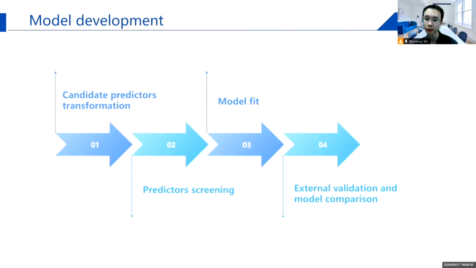Model development involved the following steps. The first is candidate predictor transformation. Second is predictor screening. The third is model fitting. And the last step is the external validation and the model comparison.